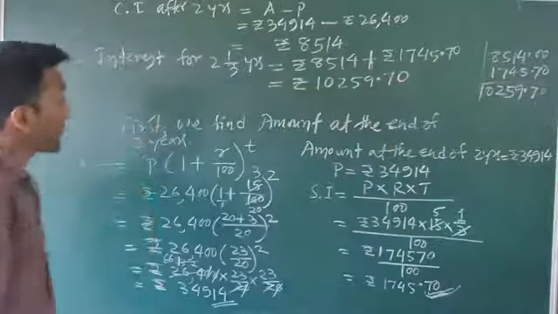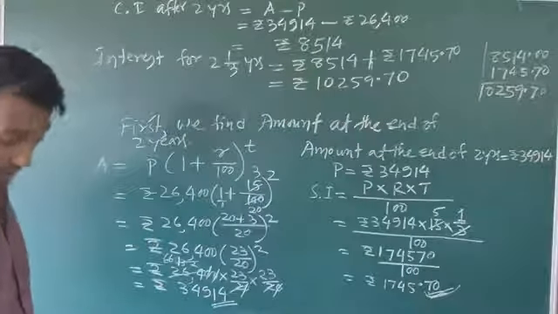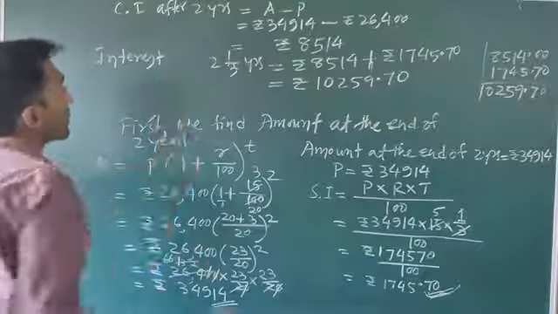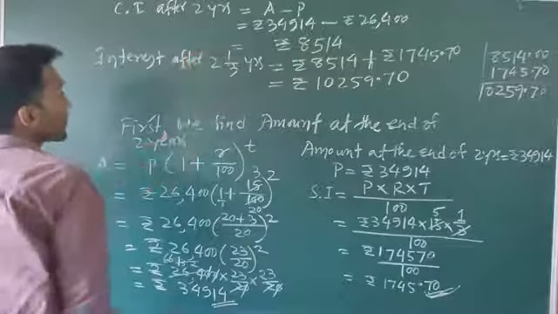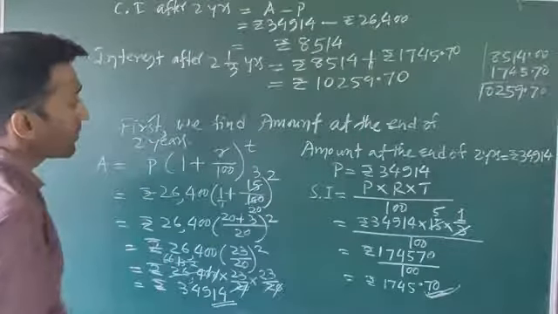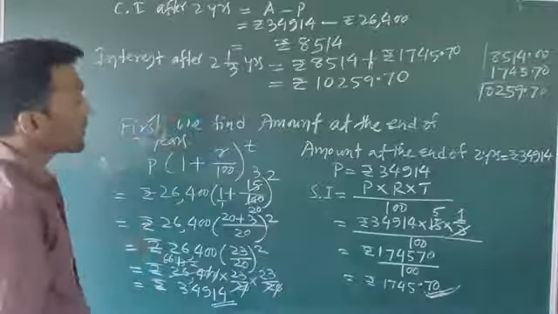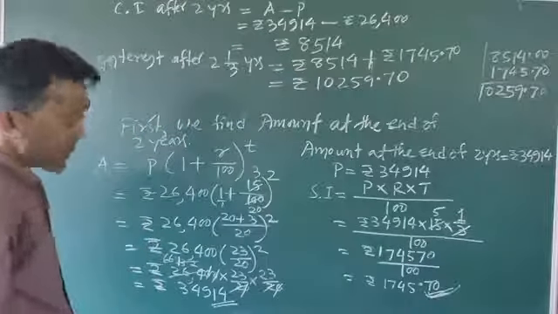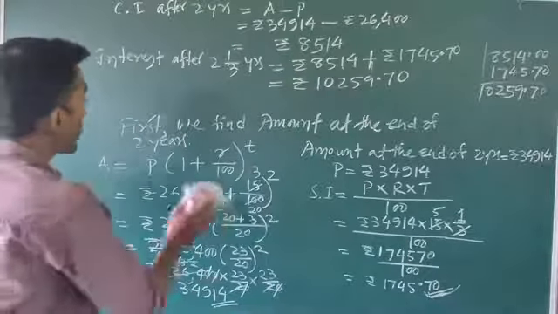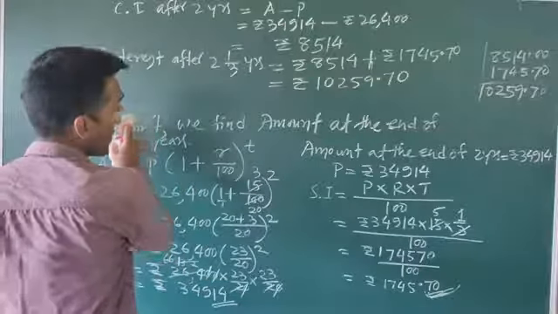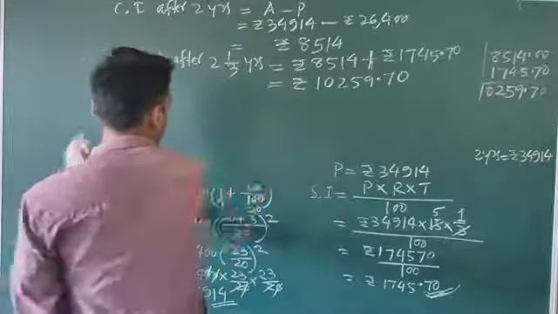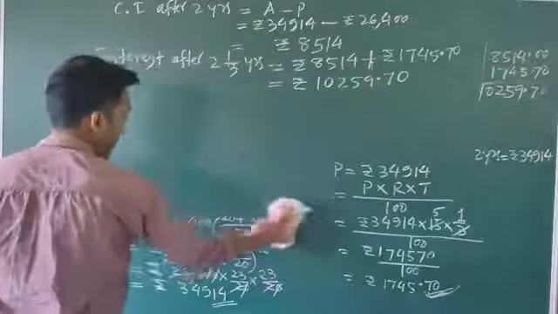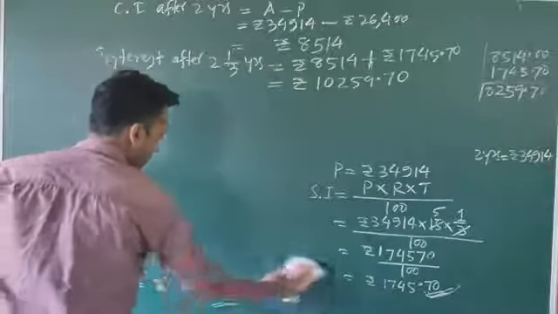So the interest after 2 and 1/3 years is 10,259.70. Now we will find how much amount she has to pay to clear the loan.